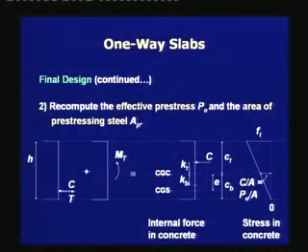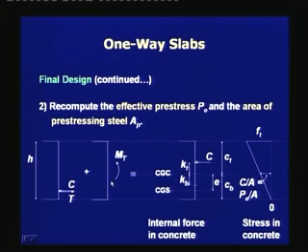Now, once we have determined the eccentricity, next we are recomputing the effective prestress PE and the area of prestressing steel AP. This is based on the stress diagram under service conditions.